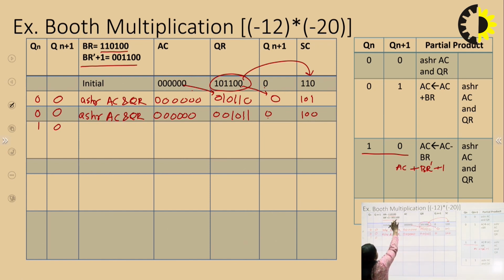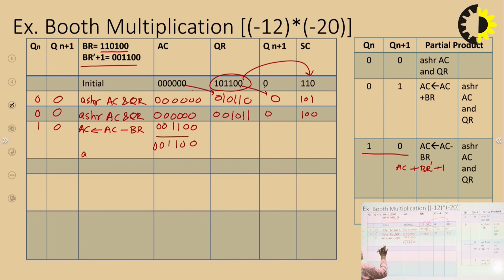So, you have to write simply 0, 0, 1, 1, 0, 0. And add these values. AC minus BR is the AC plus the 2's complement of BR. Next is 0, 0, 1, 1, 0, 0, 0.